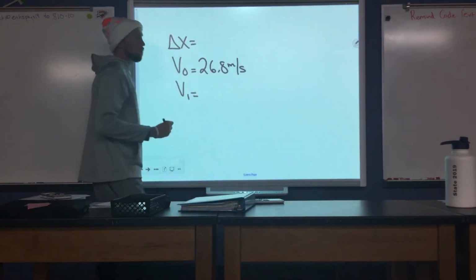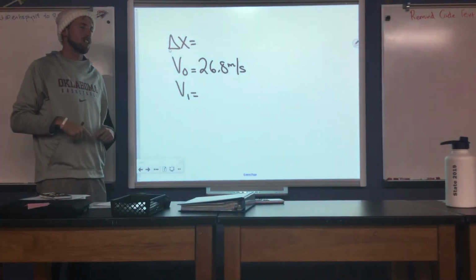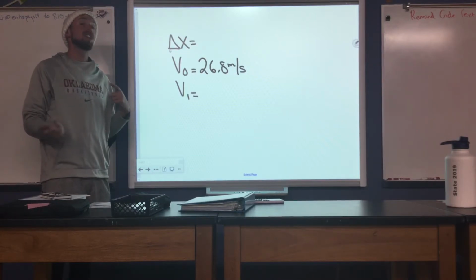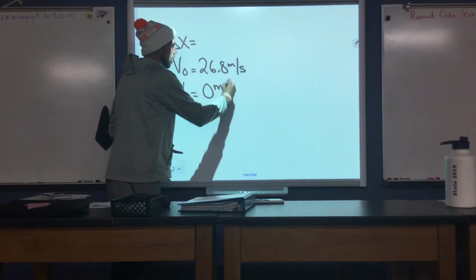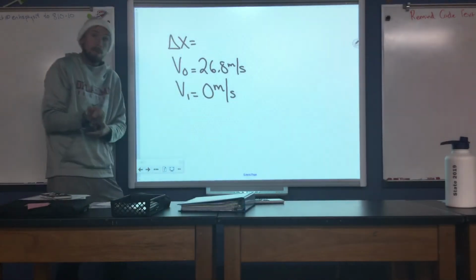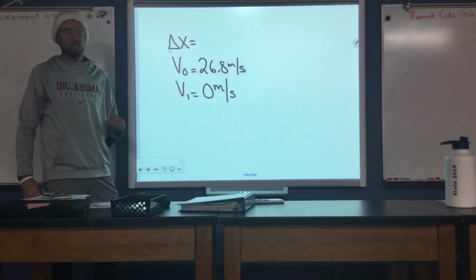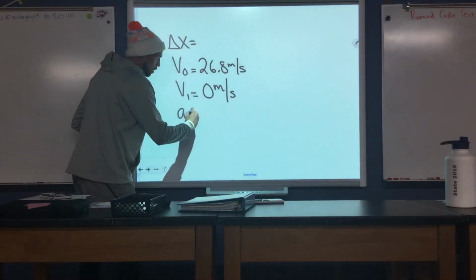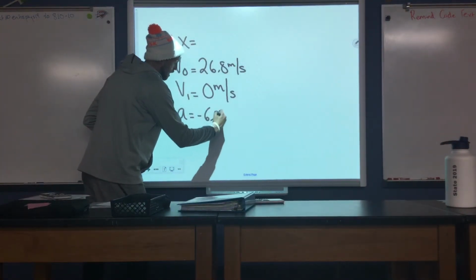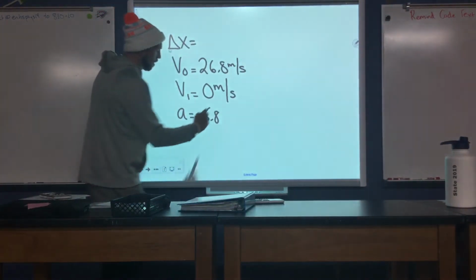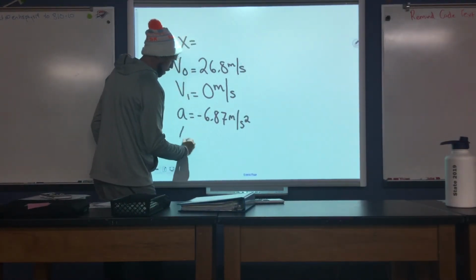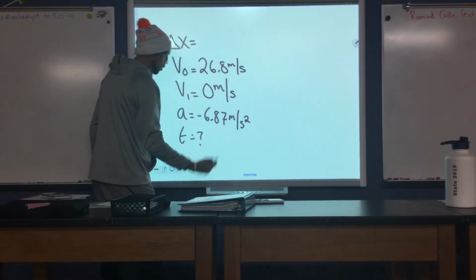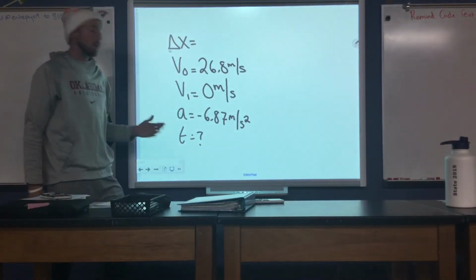Final velocity, we're not really told the final velocity here, but if we're coming to a stop, our final velocity should be 0 meters per second. Acceleration we just determined to be negative 6.87 meters per second squared. Time we're unsure about. And delta x is what we want to solve for.